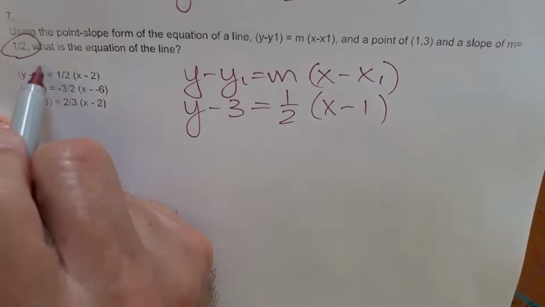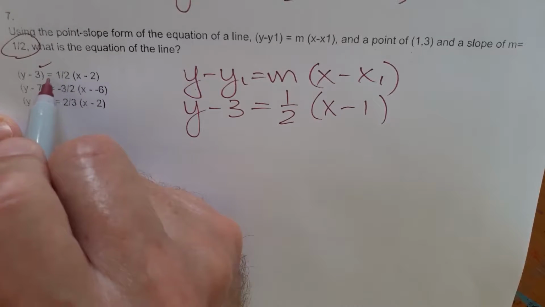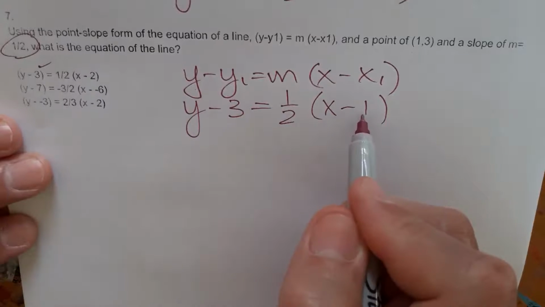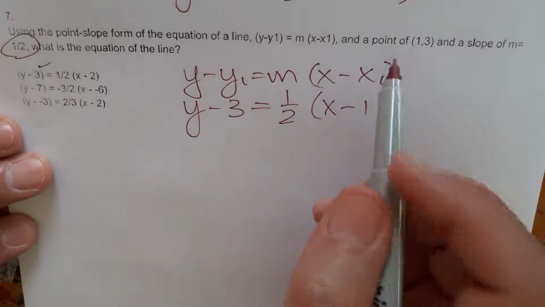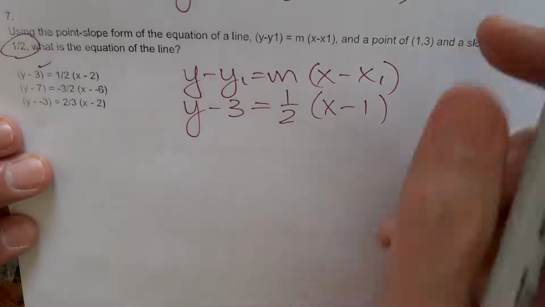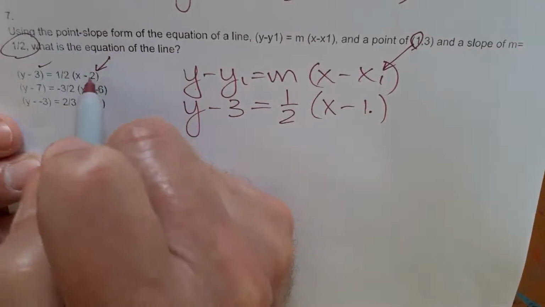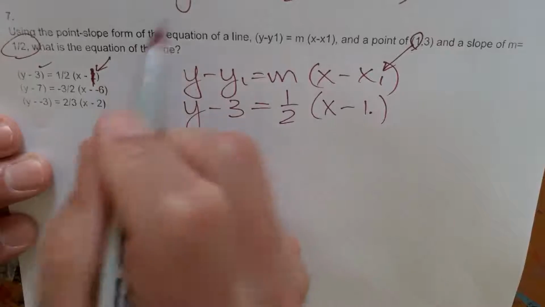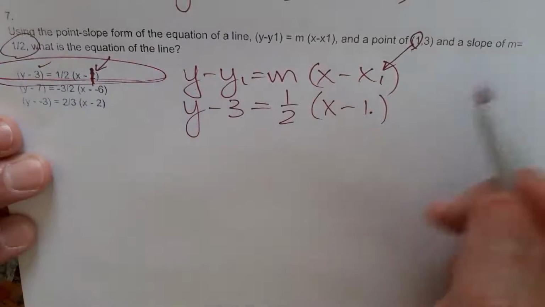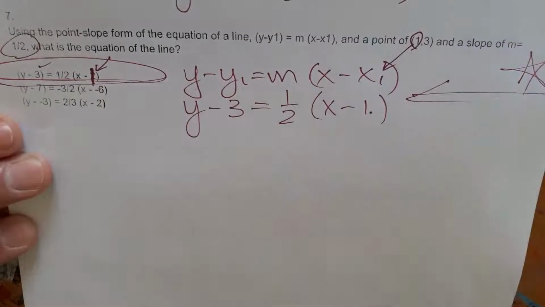Okay, so y minus 3, check, equals 1/2 times x minus, this point has 1 here, so this has got to be 1, minus 1. We're selecting this one. And I will fix it by the time you get there, so you won't even see that. Okay, it'll be right for you when you solve it.